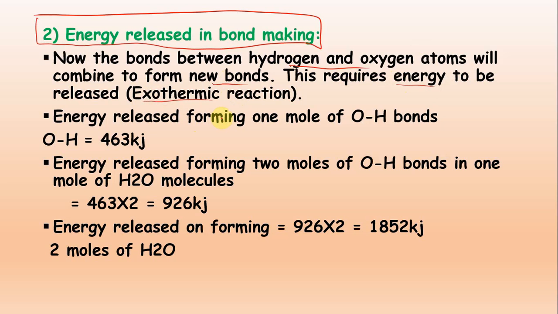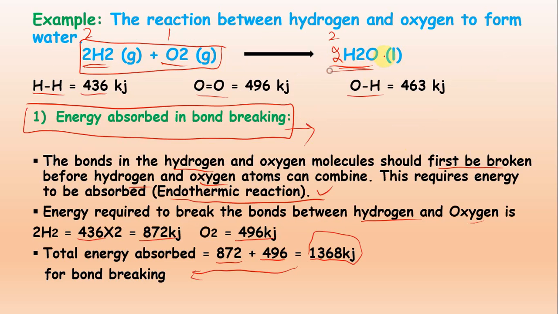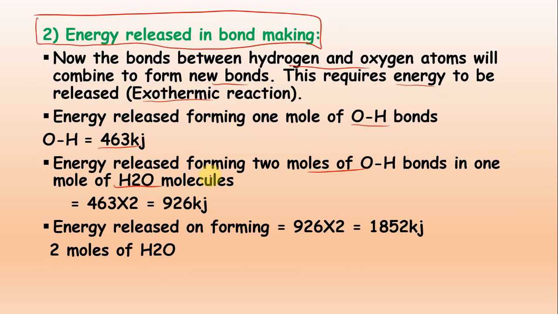Energy released in forming 1 mole of OH bonds: the value for the OH bond is 463, and energy is released in forming 2 moles of OH. 2 moles of OH will be equal to 1 mole of water. So for 1 mole of water, the energy will be, look here, 926.